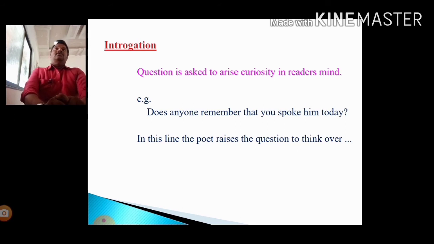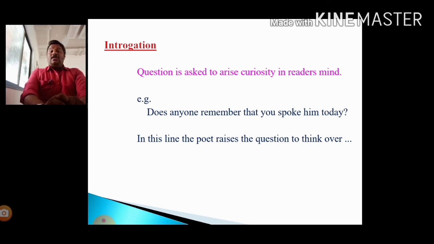The next figure of speech is interrogation. Sometimes the poet makes use of questions in poetry. A question is asked to arouse curiosity in the reader's mind. For example, the line here is, "Does anyone remember that you spoke to him today?"